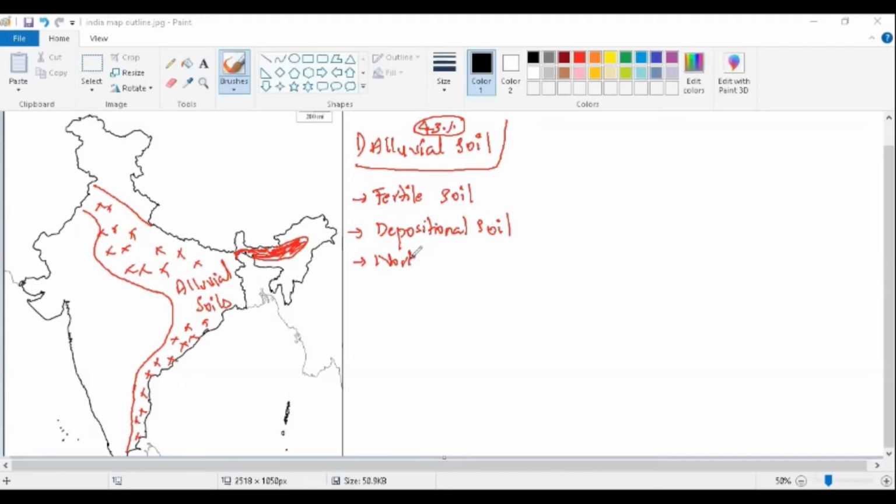So northern plains is one region, Assam plains, and in peninsular India, it is the delta regions. And what else? It is rich in potassium, K, whereas it is poor in phosphorus.